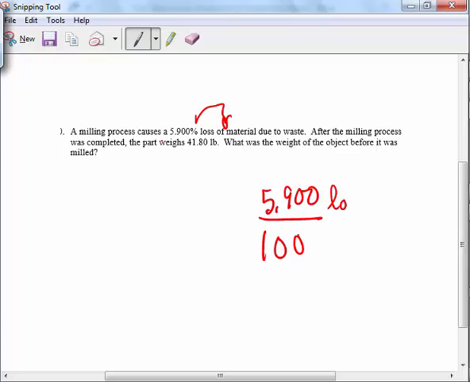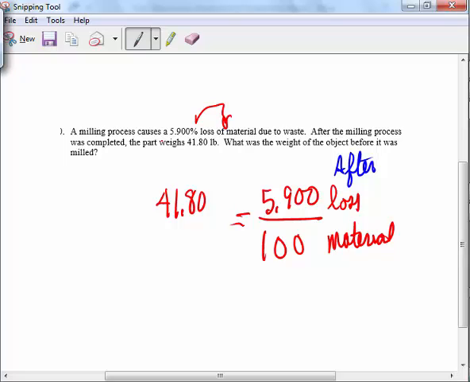This is loss. This is material. Okay, we know that it weighs now 41.80 pounds. So instead of getting the 5.9% loss, let's get the after percent.